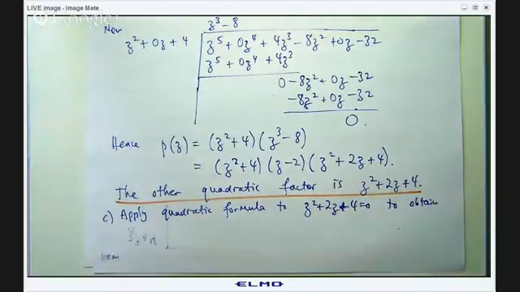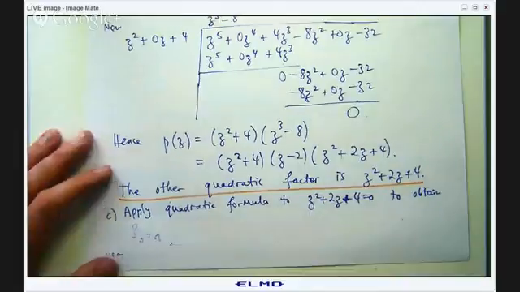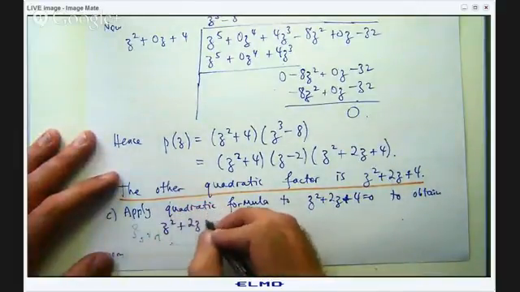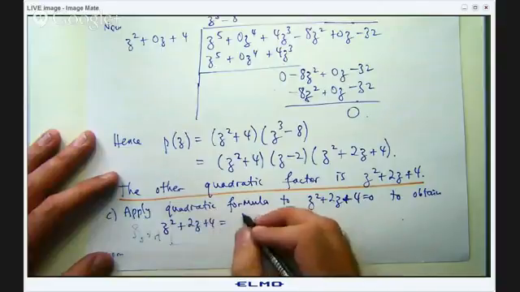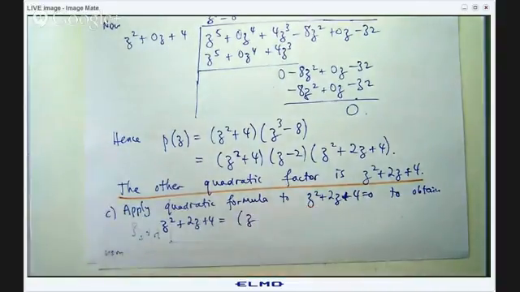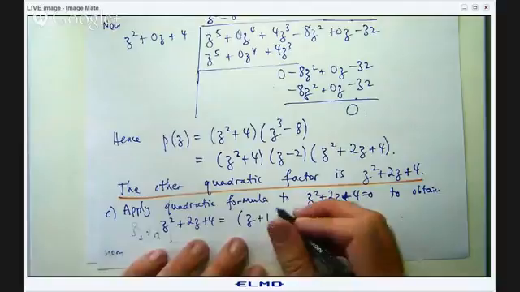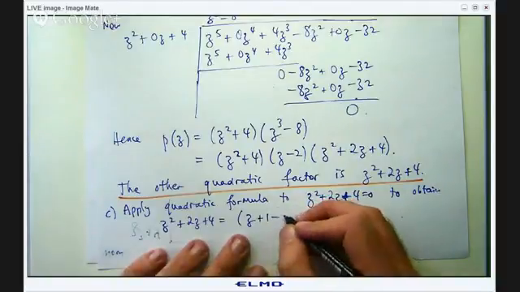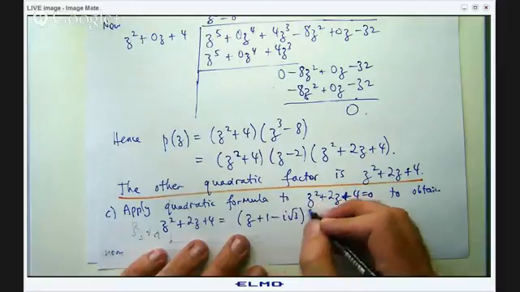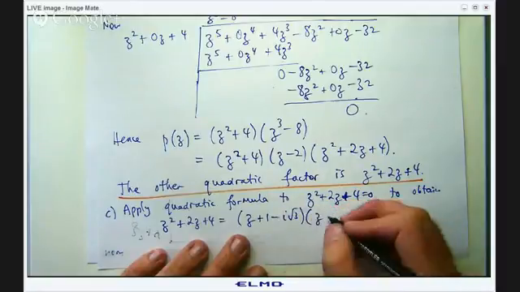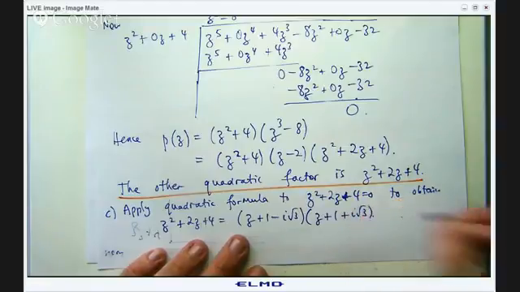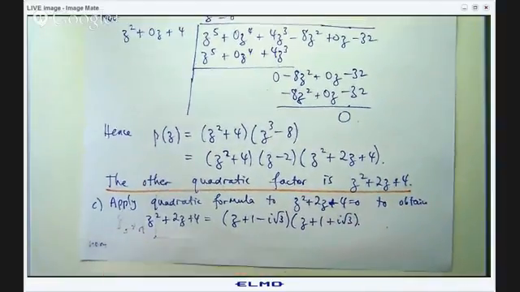Okay, you can obtain the following. It's going to be z squared plus 2z plus 4 equals z plus 1 minus i root 3 and z plus 1 plus i root 3. Okay, now I haven't put in all the steps for that, but it's pretty easy to apply the quadratic formula to that.